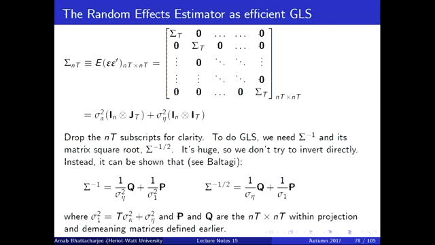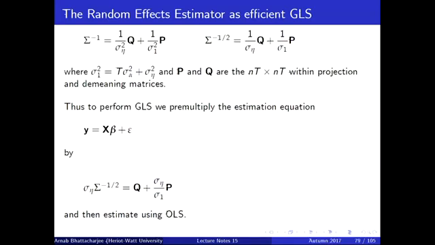What is sigma 1 square? Sigma 1 square is the total variation from the error term, right? And sigma eta square is the variation from the idiosyncratic part. So this thing here is a measure of how important the idiosyncratic part is to the total variation.